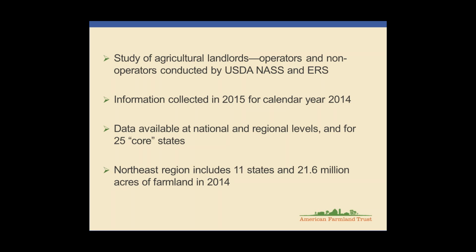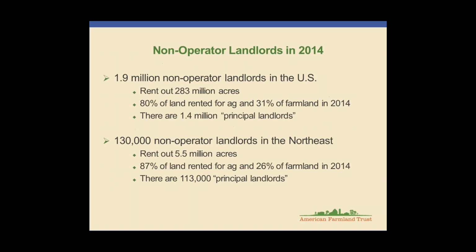And also, just so you have this in the back of your mind, from the 2012 Census of Ag, the New England states and New York together had about 11.4 million acres of land in farms. So that's a little more than half of that Northeast region.